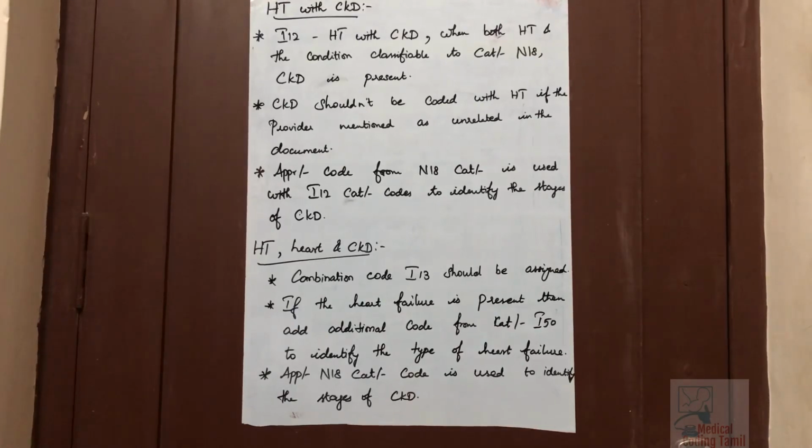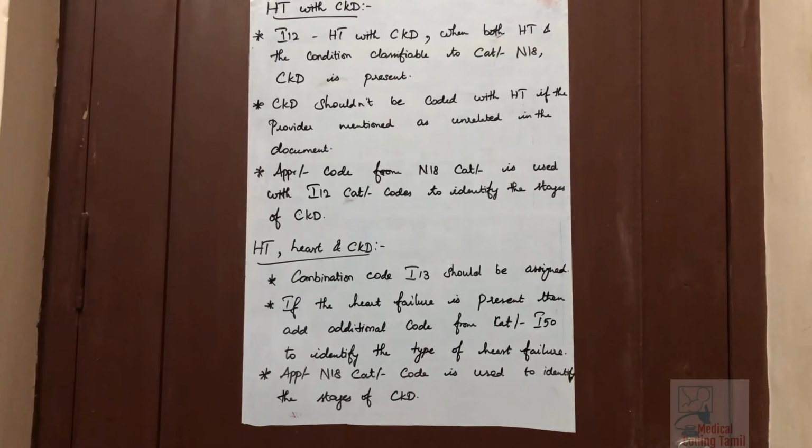So, if the provider mentioned that the CKD and the hypertension are not related, it is unrelated, then we should not code CKD along with hypertension. The next one is the appropriate code from N18 category used with I12 category codes to identify the stages of CKD if it is related to the hypertension.